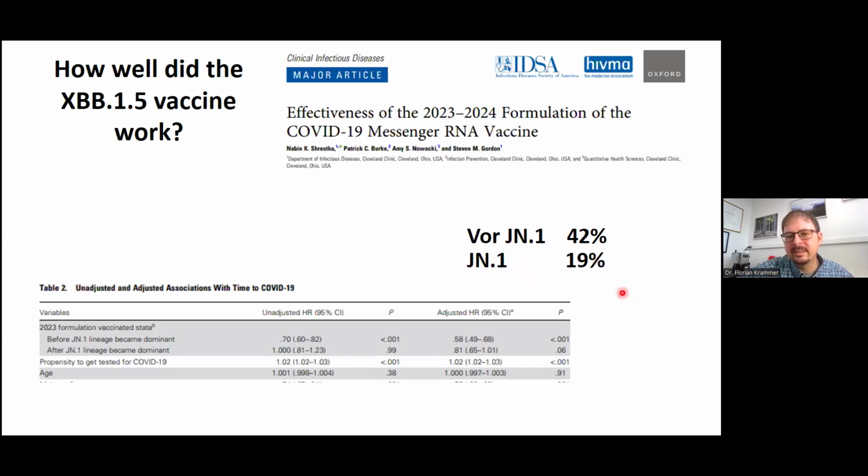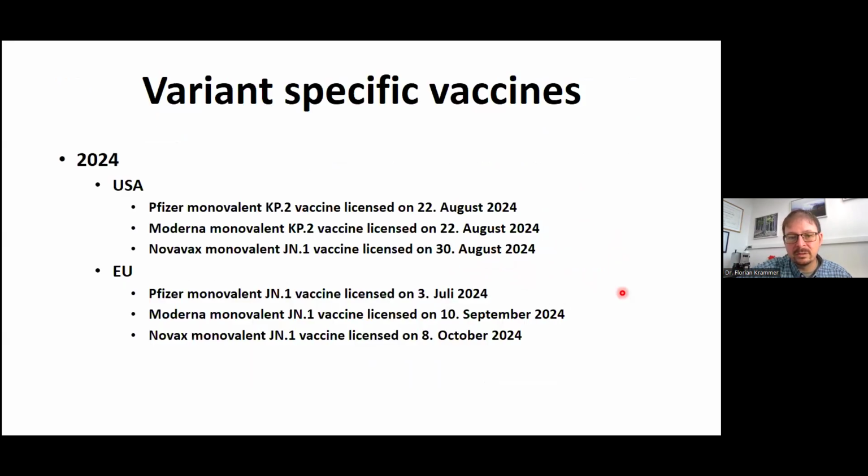And this is basically a very good justification for updating the vaccine again. And now this year, we have a JN.1 subvariant in the vaccine. Depending on which vaccine you're using, the Pfizer and Moderna vaccines have the KP.2 subvariant in the vaccine, while the Novavax is based on JN.1. But they should all pretty well match with what is circulating. So I think for this season, we're good, and we should see good vaccine effectiveness.